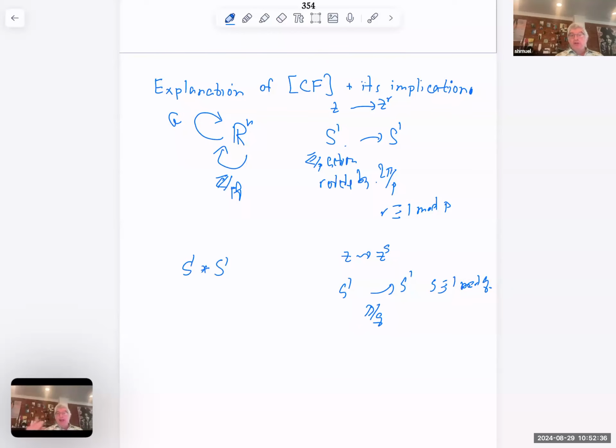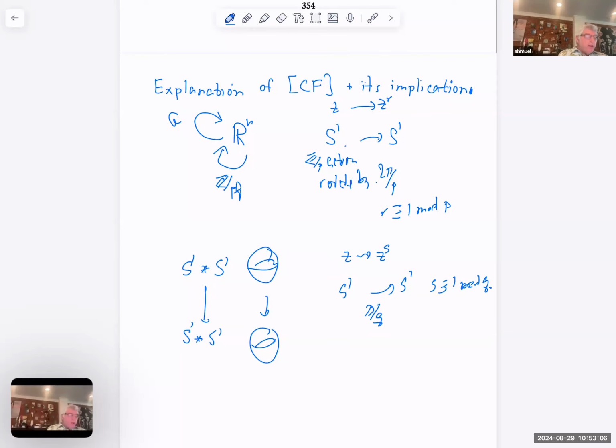This has an action of Z mod pq, and of course it has a map to itself. I'm sorry, my 3-sphere looks like a 2-sphere, alas. This is a map of degree (r minus 1) times (s minus 1) plus 1. Whatever, you can figure out what the degree is.